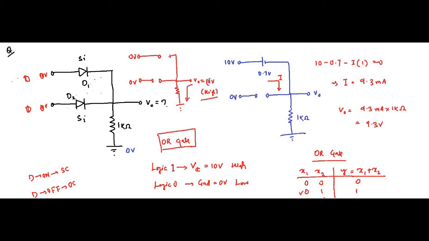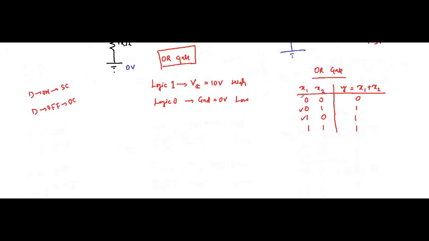V0 in this case is 0 volt, which is logic low. So we discussed the 0 1, 1 0, 1 1 and the 0 0.